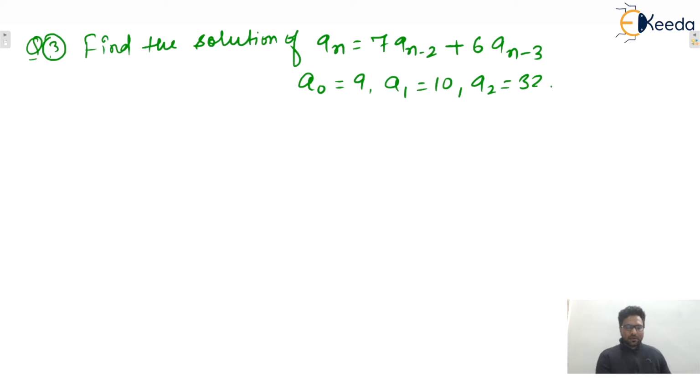So what will be the answer? We'll see one by one. Remember, we can write this as a_n minus 7a_{n-2} minus 6a_{n-3} equals 0.